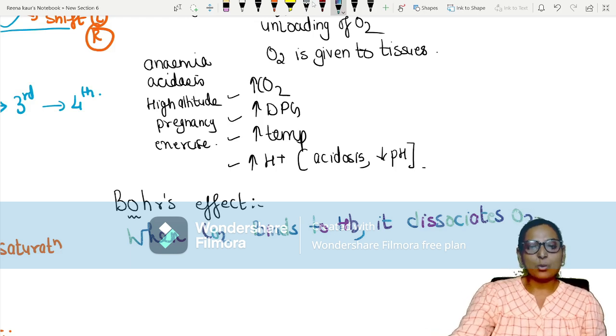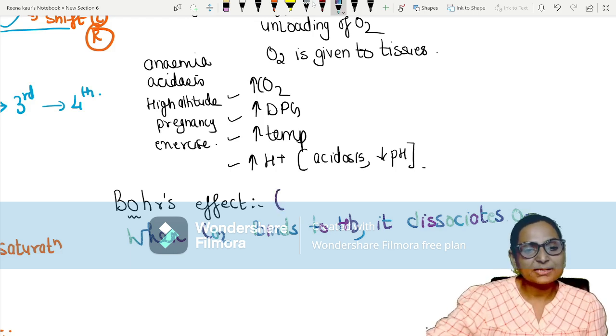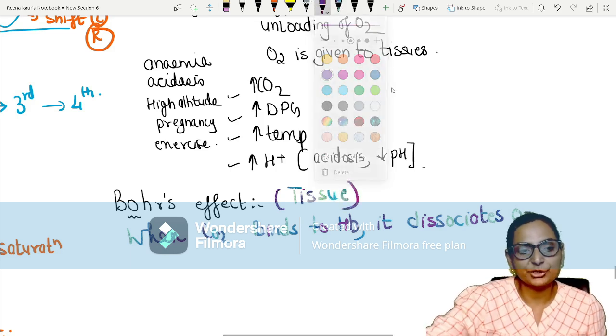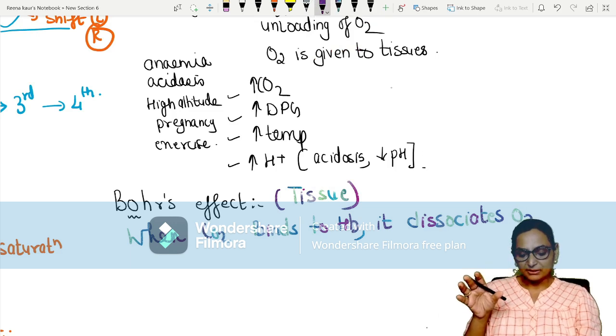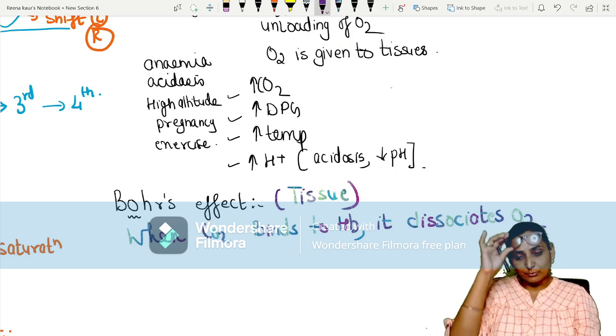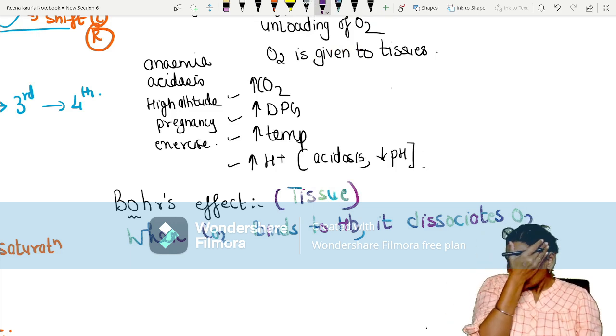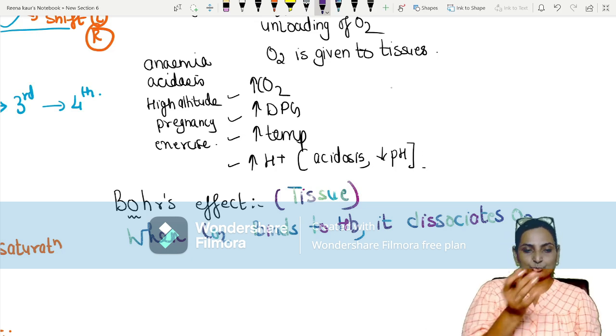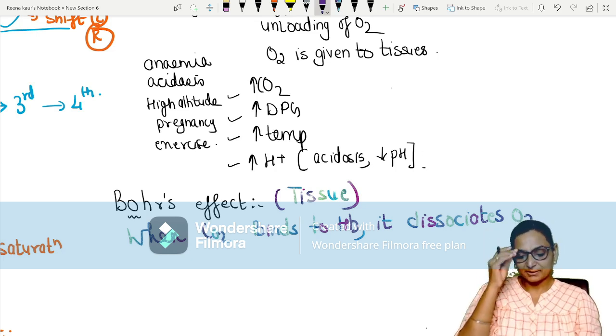That means there will be oxygen transport. So this is going to be at the level of tissue. So what is the Bohr effect? When carbon dioxide binds to hemoglobin, oxygen will be released. And this is on the side of the tissue. So it is Bohr's effect.